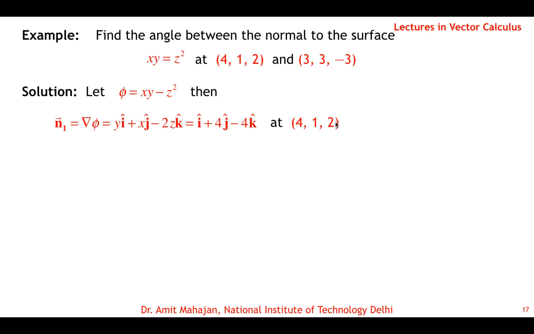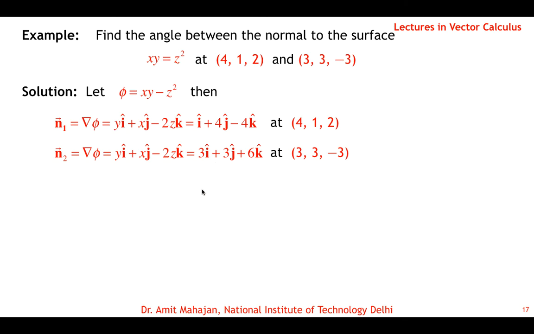And at 4, 1, 2, so x is 4, y is 1, z is 2, it gives 1 i plus 4 j minus 4 k. So that's the normal to the surface at 4, 1, 2. Similarly, we can calculate the normal to the surface at 3, 3, minus 3. The normal, which is gradient phi, same as this, but now calculated at 3, 3, minus 3, gives this vector.